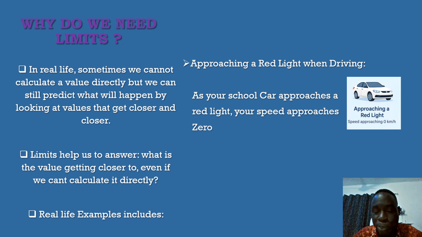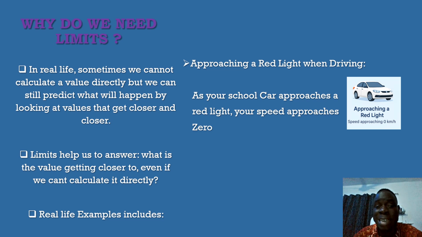Your speed approaches 0. So now my question is, if you see a red traffic light and the car starts to reduce its speed to get to the speed of 0, what is your prediction and what will be the behavior of the car?